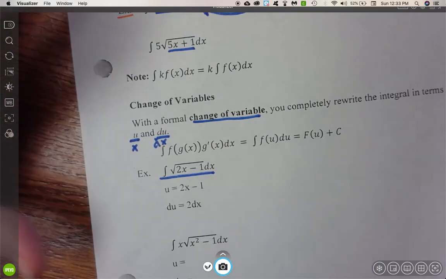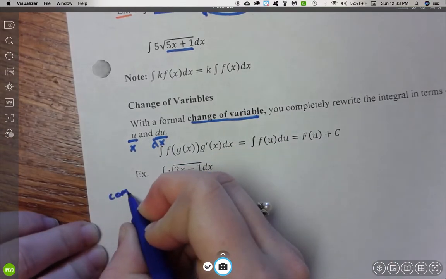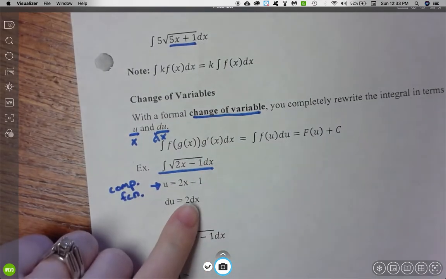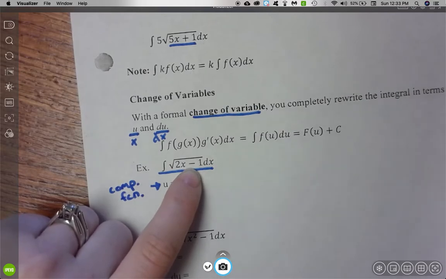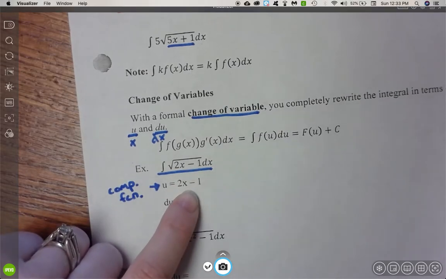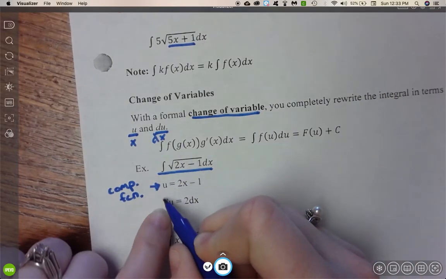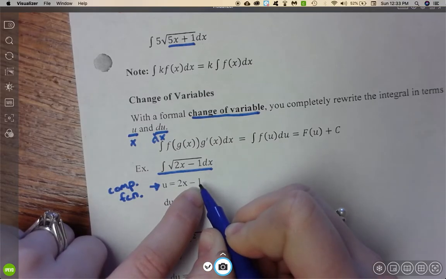And u is going to be the composite function. This is the function that's stuck inside of something else. So 2x minus 1 is stuck inside of the square root. I'm going to designate that as u, and then it's basically gone. Now du, the derivative of u, the derivative of 2x minus 1, is just going to be 2.